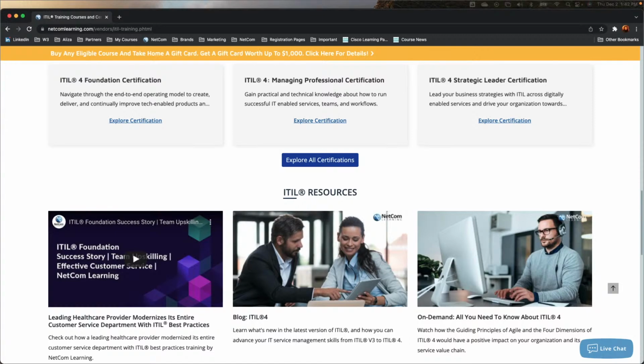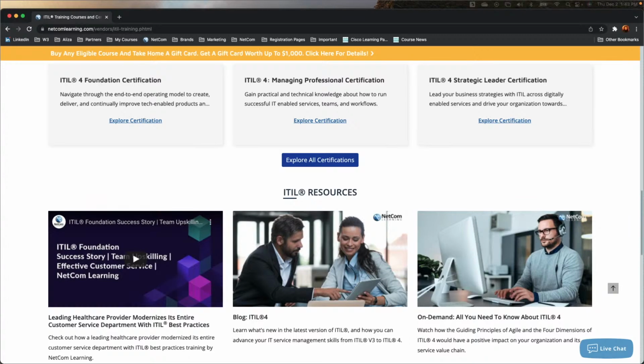But in case you have just done the foundation, let's say you've completed just the ITIL V3 foundation certification, and that's the only certification you have done. In that case, I would recommend it's always going to be a better idea that you start with the version 4 foundation, because that's going to give you a more clear view of what precisely is being covered with version 4. I'm not saying that version 4 is better than version 3, or that version 4 is going to make version 3 not applicable.